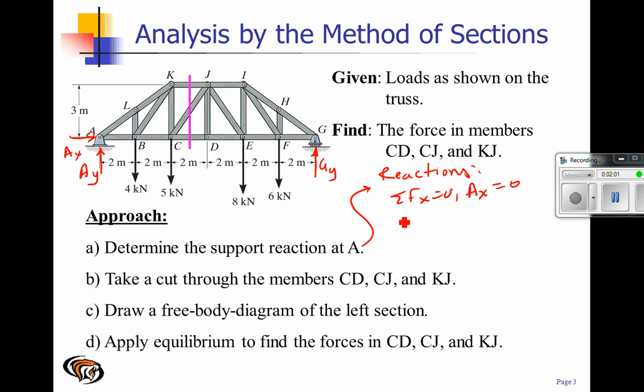And then from the moments at point G, we'll be able to get the reaction at A. So we have a positive moment of 6 kilonewtons times 2 meters, a positive moment of 8 times 4, and then 8 times 5.